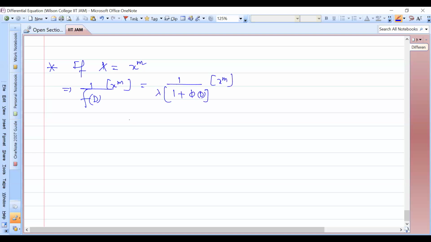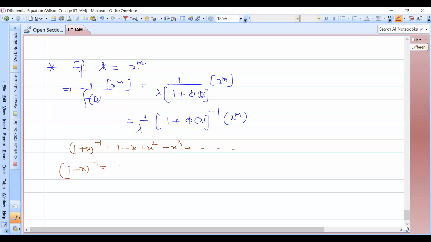Or it can be written as 1 upon lambda minus 1 into x raised to m. Most probably everyone knows this formula: 1 plus x raised to minus 1, how much? And so on. 1 minus x the whole square, 1 plus x square plus and so on.